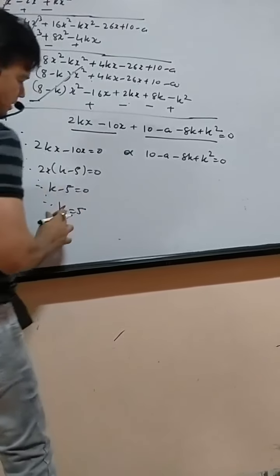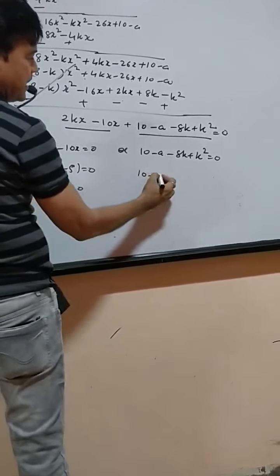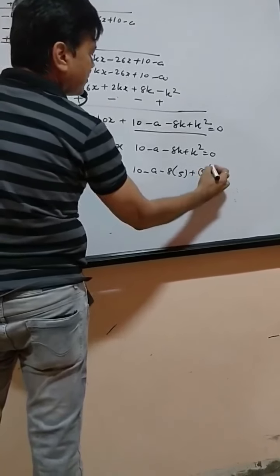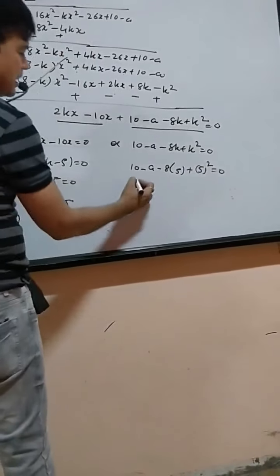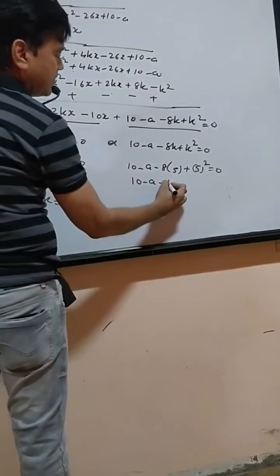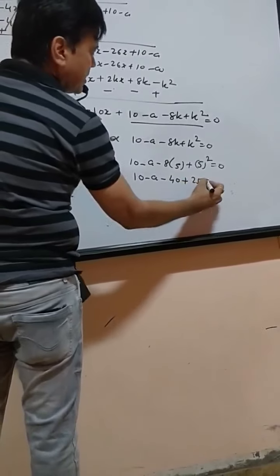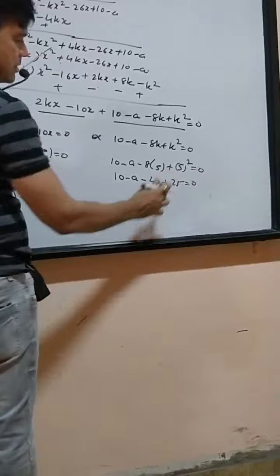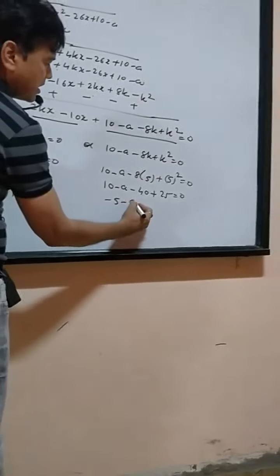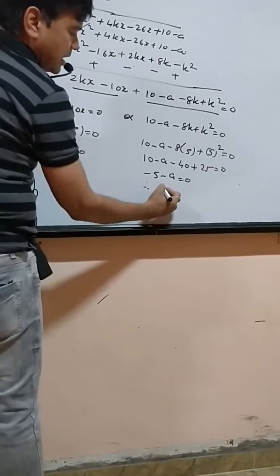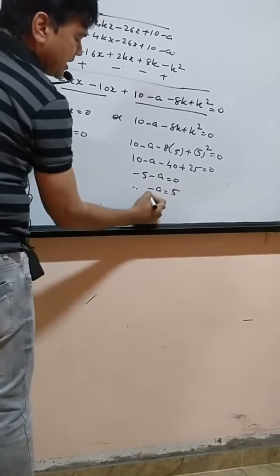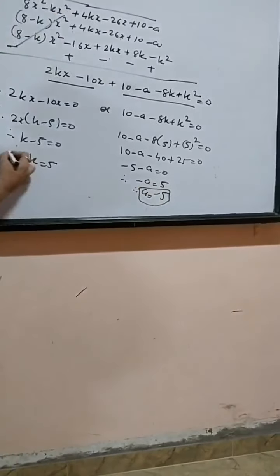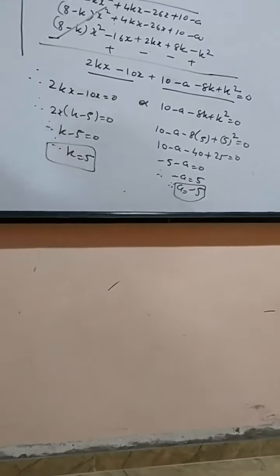And here, put the value of k in this. 10 minus 8 minus 8 into 5, 10 minus 8 minus 40 plus 25 is 0. 10 minus 40 minus 30 plus 25 minus 5. Therefore, minus a is equal to 5. Therefore, a is equal to minus 5. So a is minus 5 and k is equal to 5.